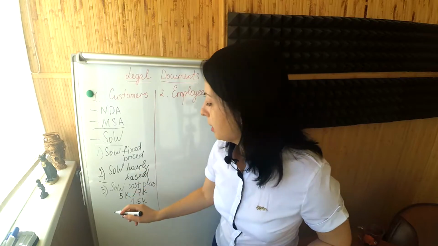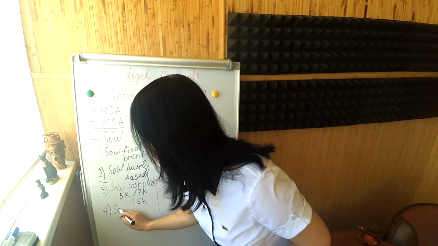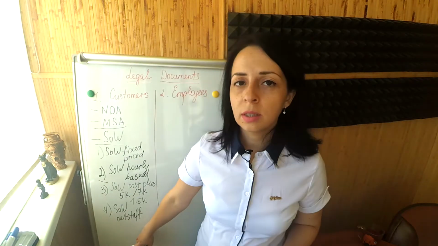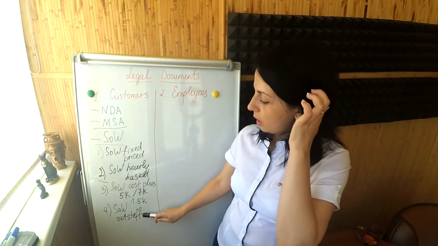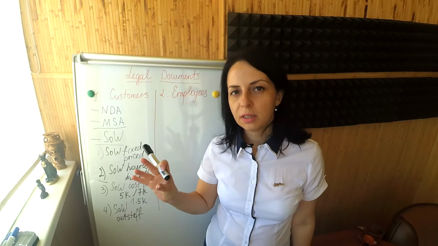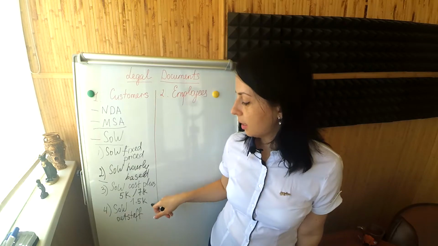And the last statement of work type of document that you might want to have is a statement of work for outstaff developers. Now, again, this one is very close to the cost plus model, where you only receive a fixed markup from the developer that you are selling.